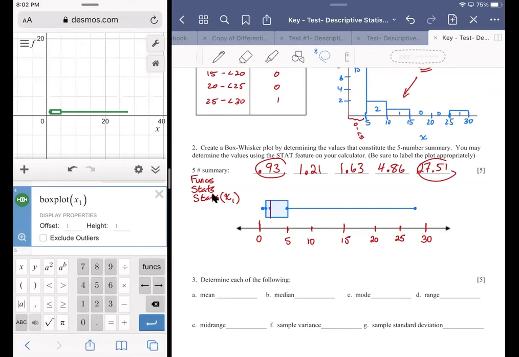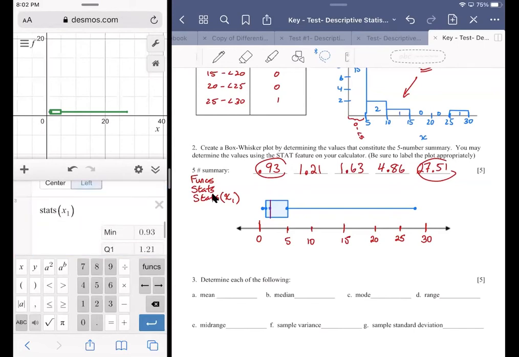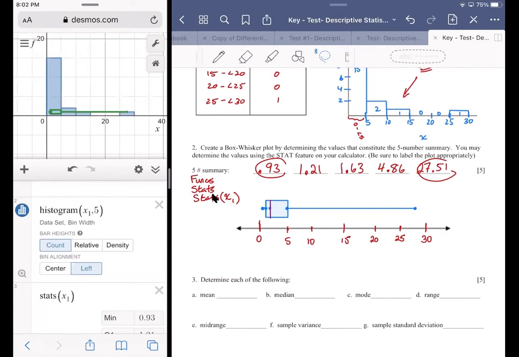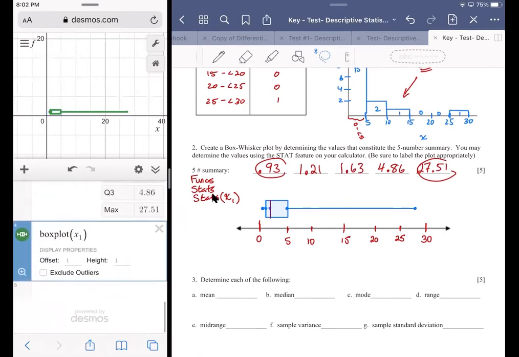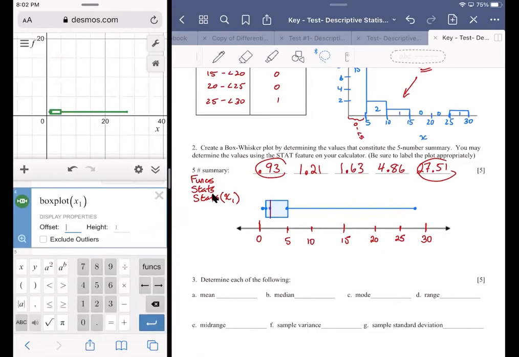The offset, that's really up to you. What I don't want to do, if I'm graphing this simultaneously with my histogram, which I have on the same Desmos, is have them both on at the same time where they would interfere with each other. I don't like the look of that. So I can offset my box plot so that it's nowhere near where the histogram would be.